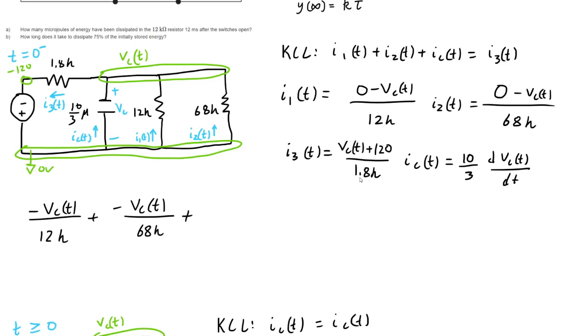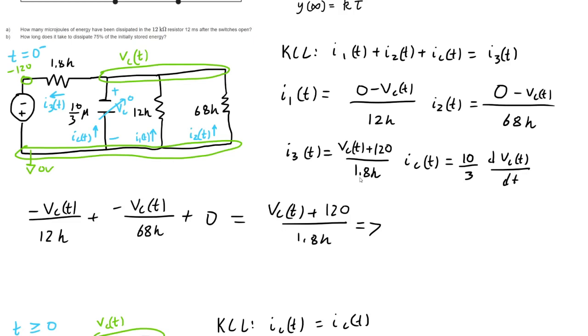So anyway, IC(t) is going to be 0 at the steady state because the capacitor is fully charged, so it's open. And then I3 plus 120 over 1.8K. Now these numbers are not pretty, so I'm going to just use my calculator for this one.